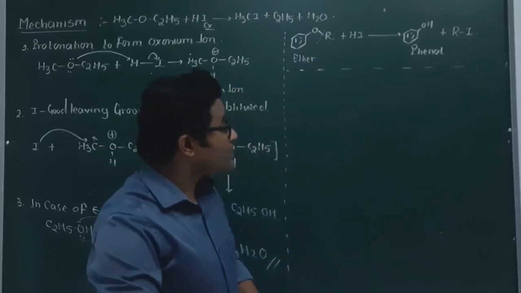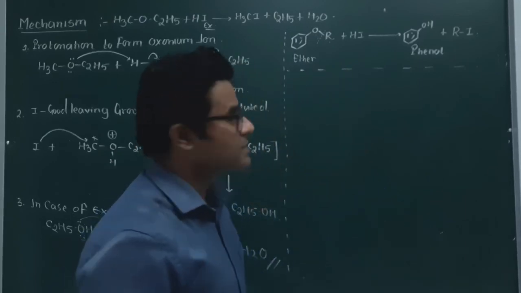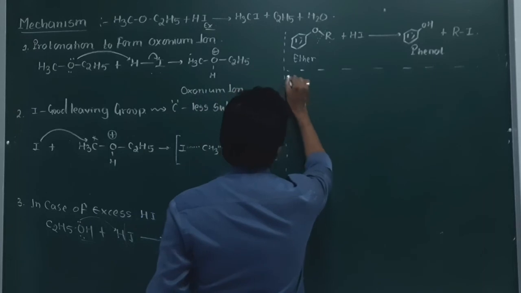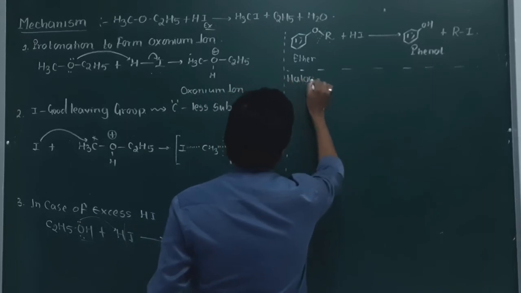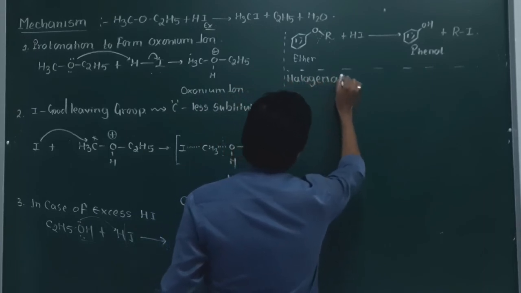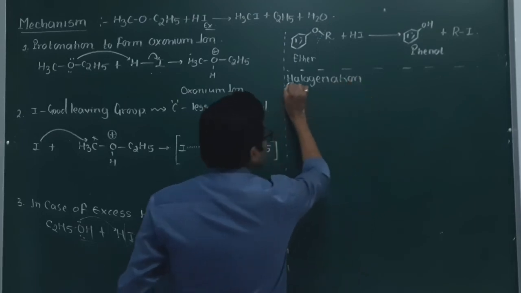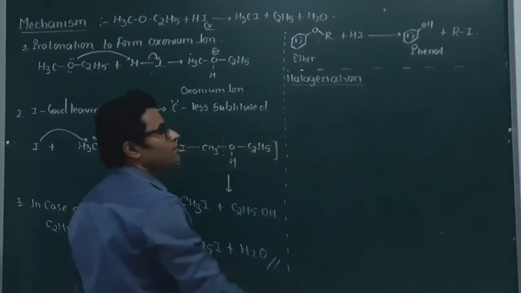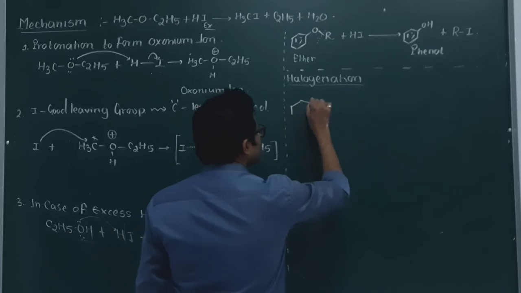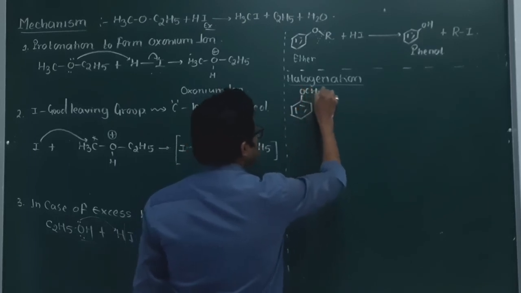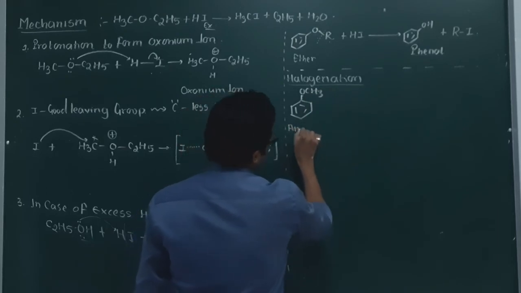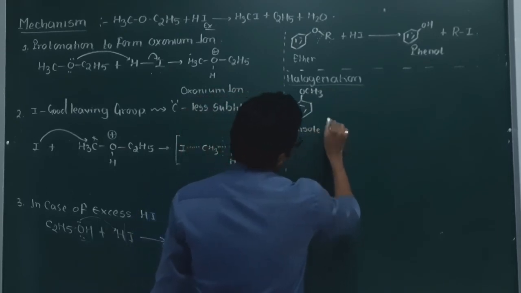Right? So, when we observe the next phenomenon, let us take into consideration halogenation. Halogenation using anisole. So, if we consider an anisole here, OCH3, anisole.